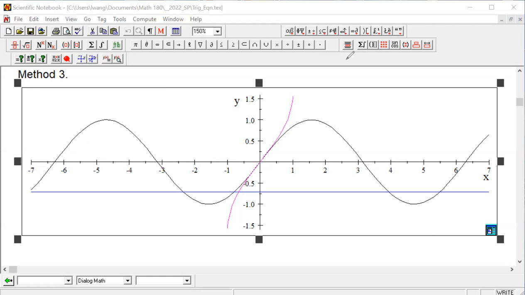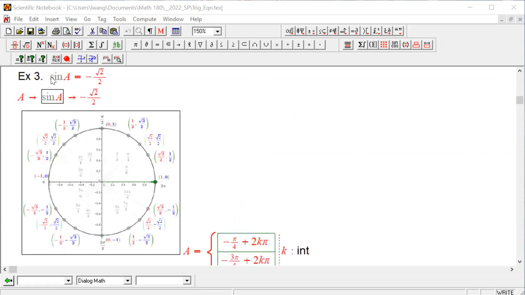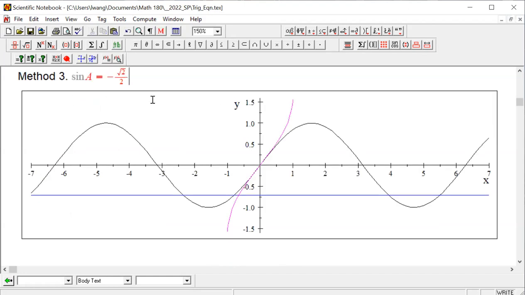And this time, our output is negative √2 over 2, so it's a negative number. So all these blue bars we're drawing, we get all these points, all these crossings. There are crossings on the other side too.